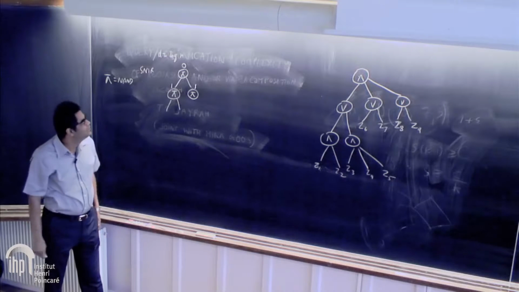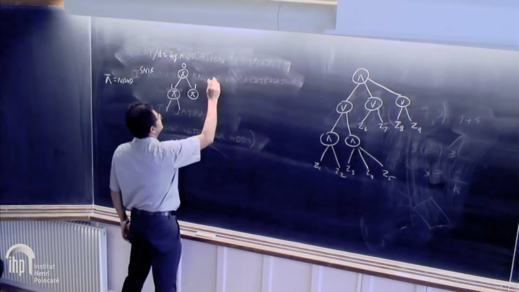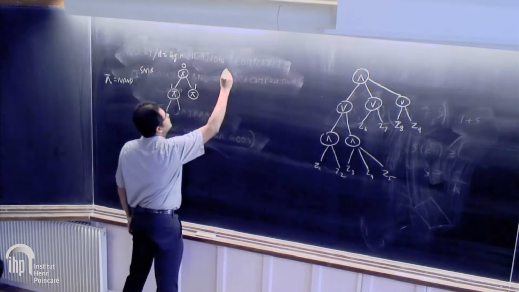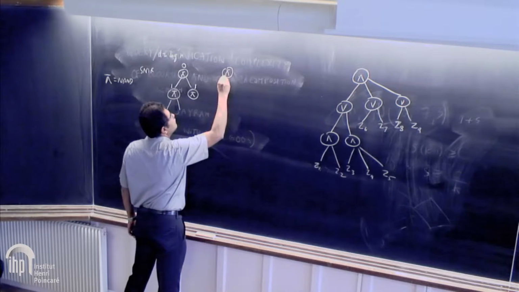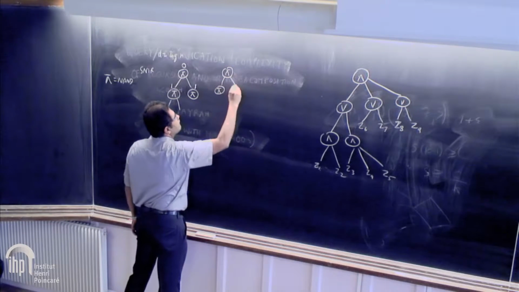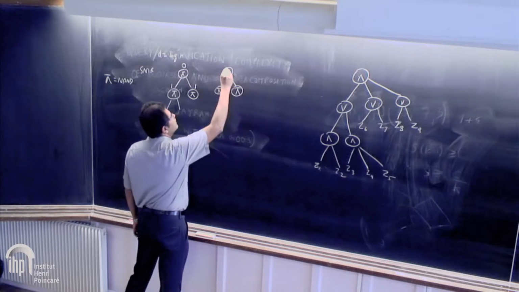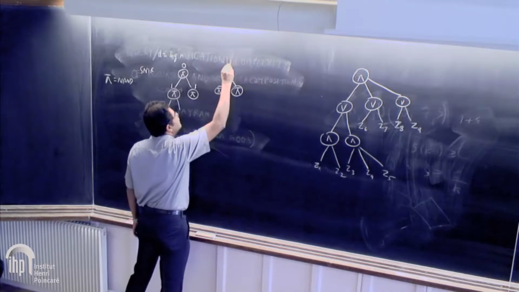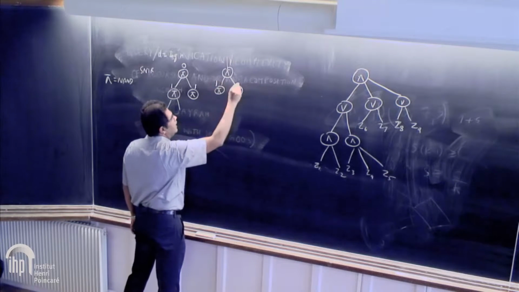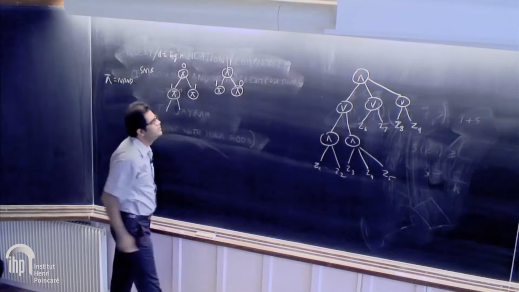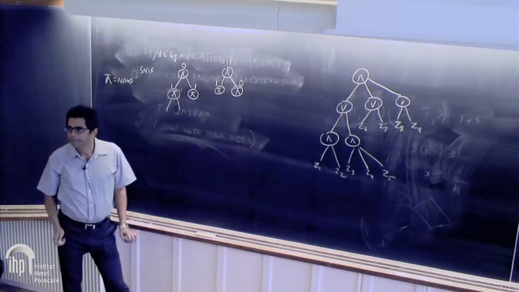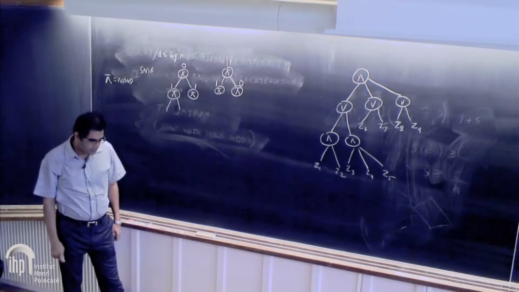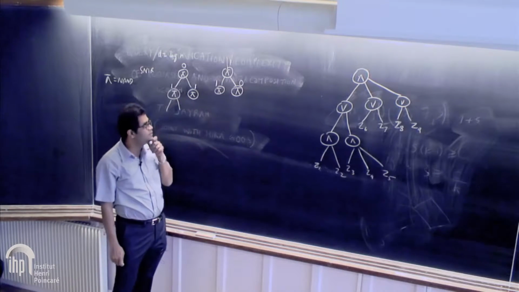That's the property of the NAND gate. On the other hand, if this outputs a 1, then I know that at least one of them is a 0. Both could be 0, but at least one of them is 0.